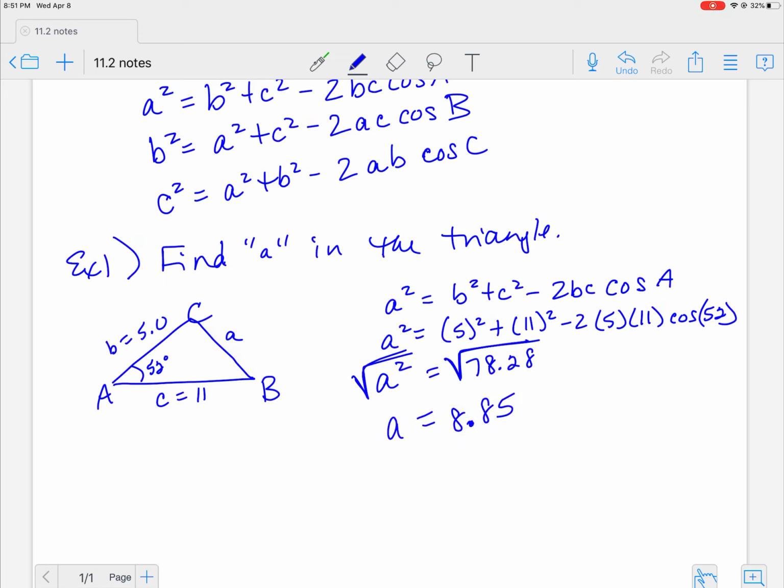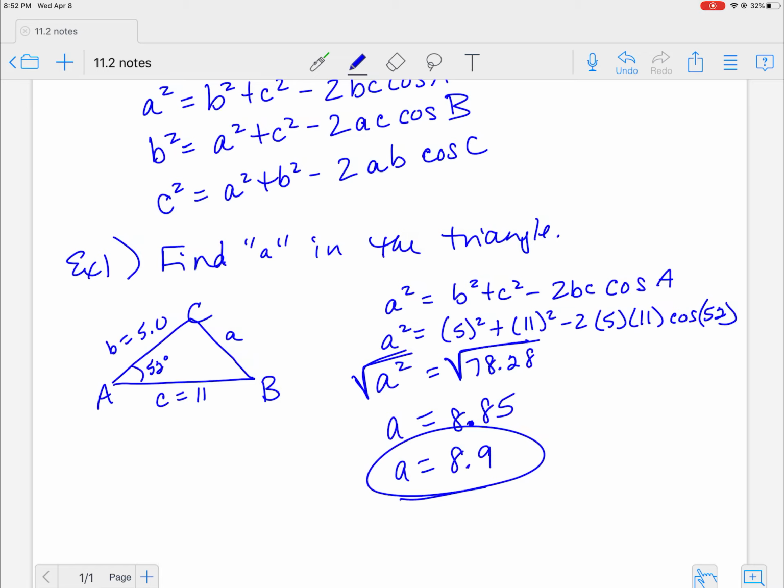It's an actual legitimate value that I'm going for. You can, in my opinion, take the square root and put all that stuff underneath there, or you can figure it out. Your choice before you square root that. So you get 78.28, and then you square root both sides. A is now equal to 8.85. Go back and look at your digits. Each one of them has 2 digits, so that's all you can have over here.